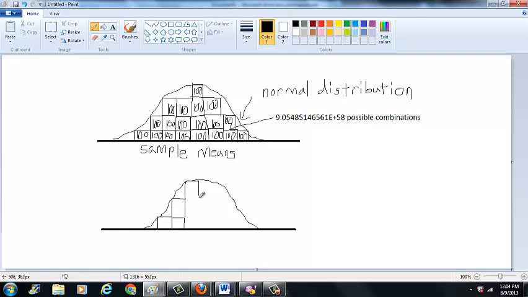And just make some more boxes. This curve doesn't perfectly outline the boxes, but try to have it so the curve outlines the boxes.